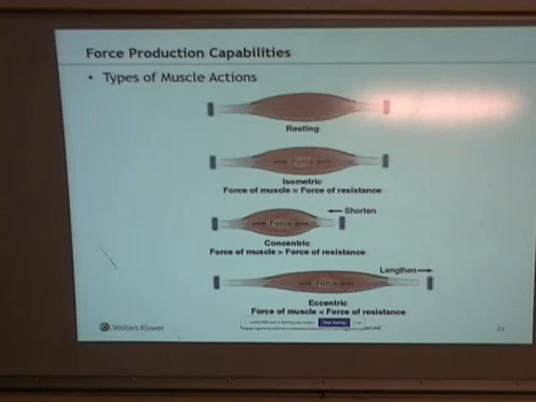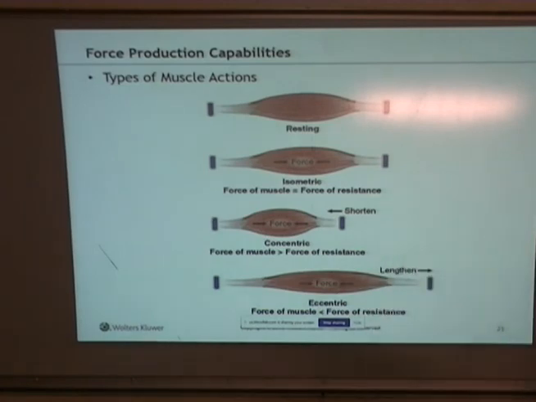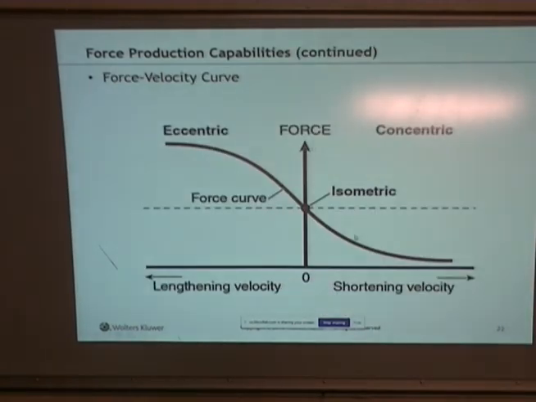But that happens when my bicep is strong enough, when it can produce more force than the weight of my lower arm and whatever the dumbbell weighs, and the force of gravity. So we see shortening.